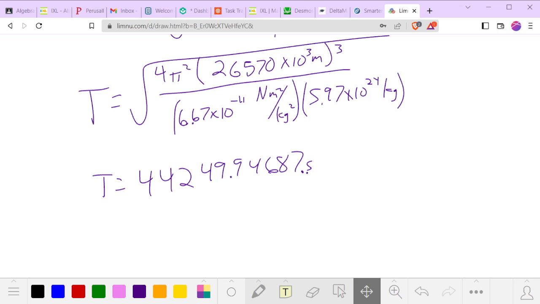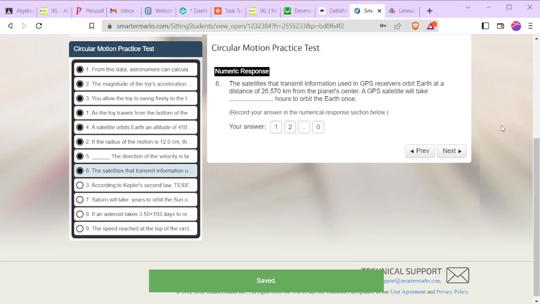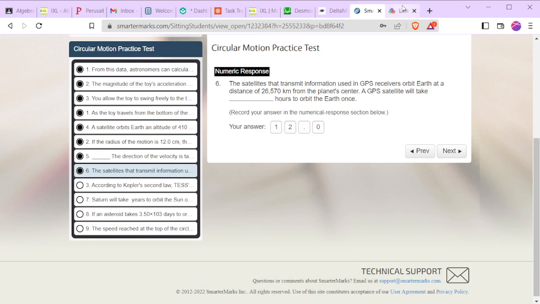When I run that through, checking for typos here because I'm getting a 12.3 and the answer key is keyed to a 12.0. So we're going to have to take a look at how things are rounded. Maybe they were using 5.98 or some other constants than we have on the formula sheet.